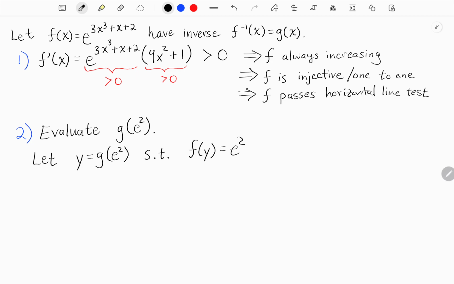So f of y is equal to e squared, which equals e to the 3y cubed plus y plus 2.